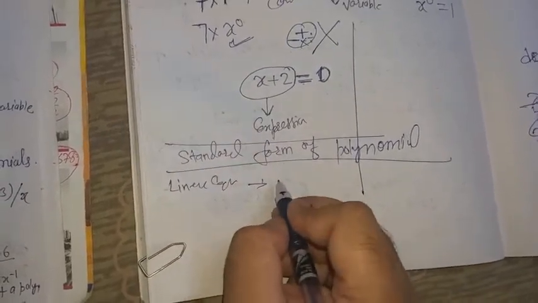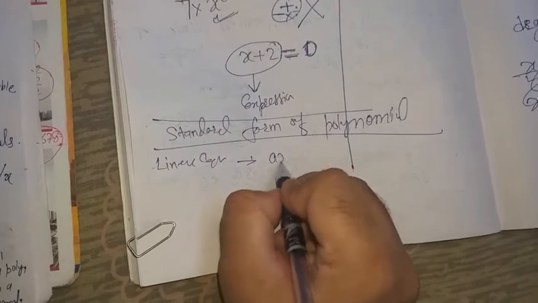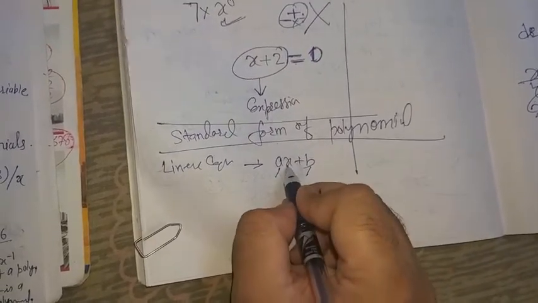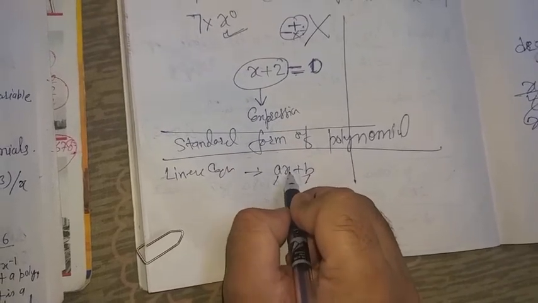Linear equation means degree 1, that is ax plus b, where a and b are constants, and x is the variable.